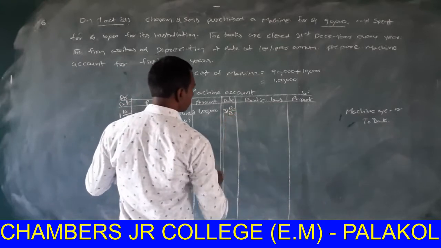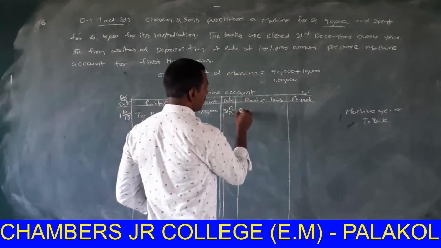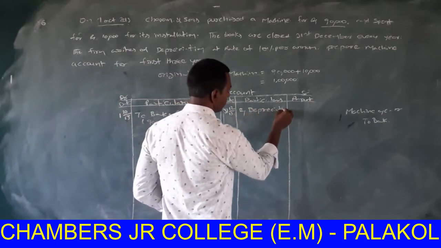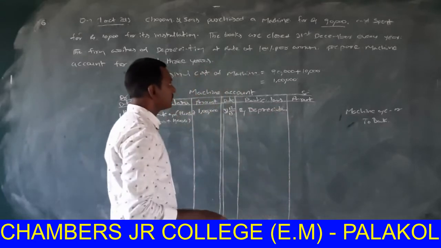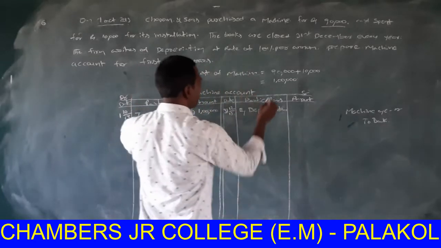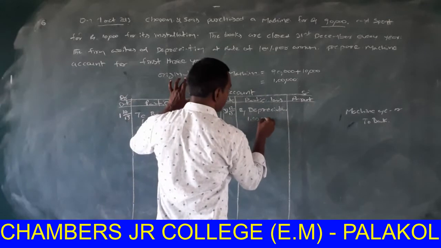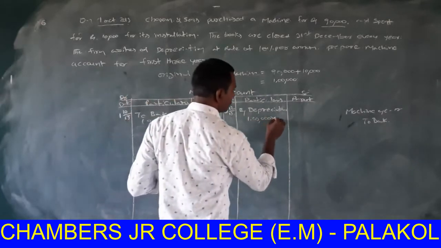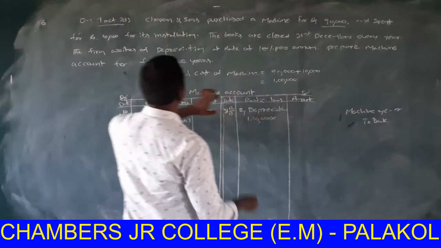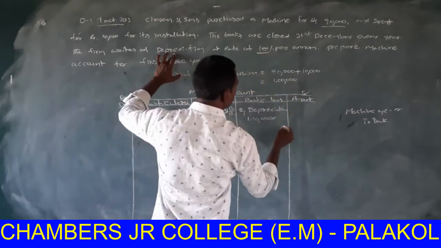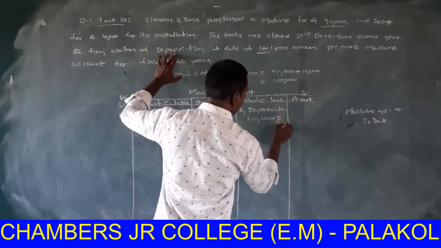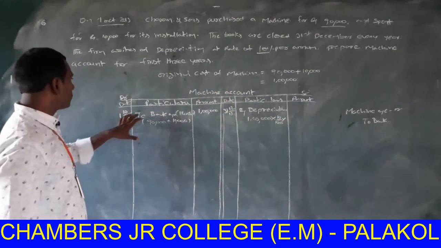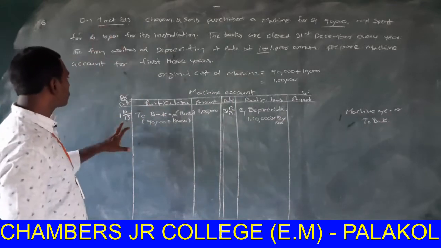31/12/2013, by depreciation. Here the original cost of the machine is 1 lakh into the rate of depreciation 10%, 10/100, into, see here, the machine was purchased on 1st October 2013.